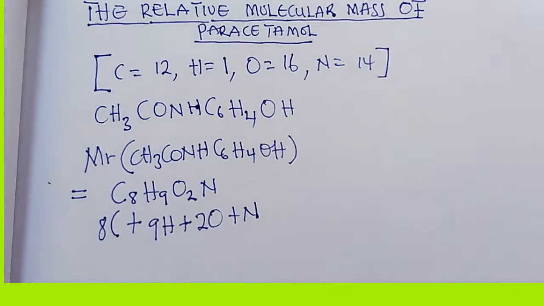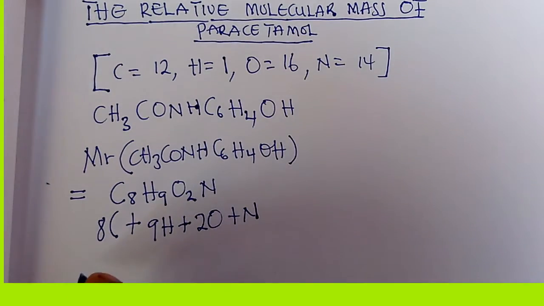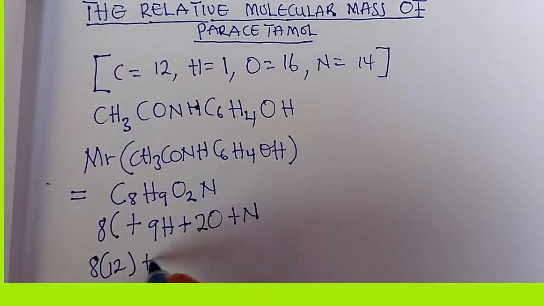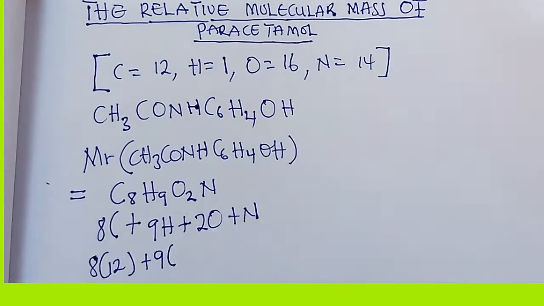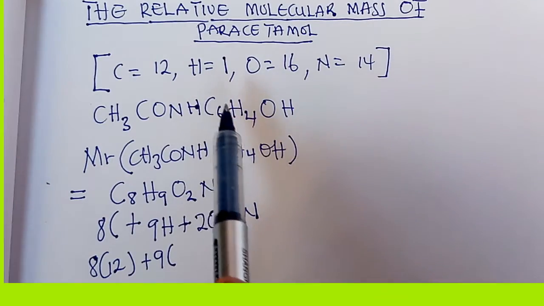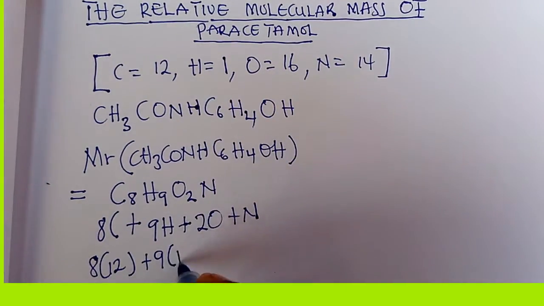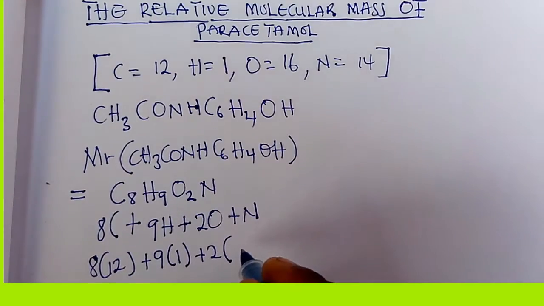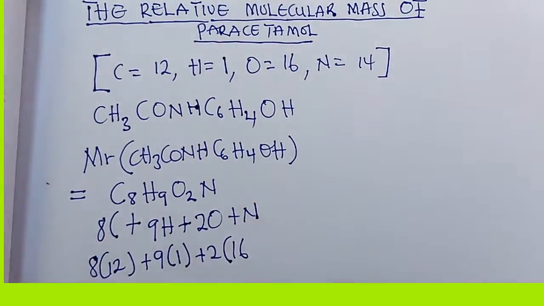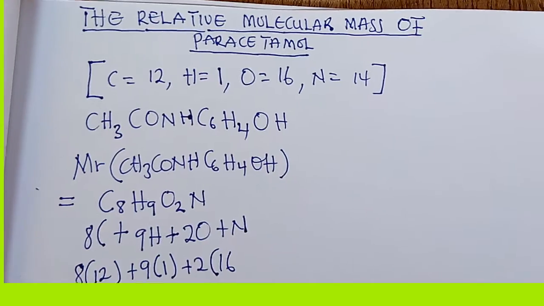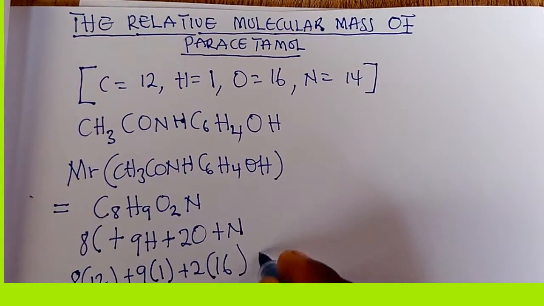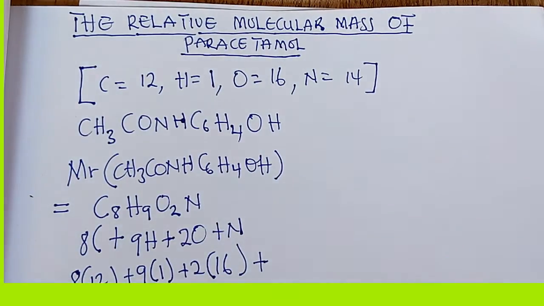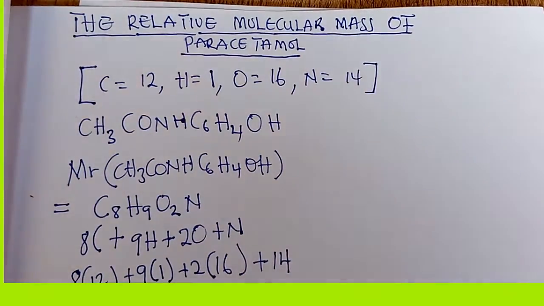Carbon is 12, so 8 multiplied by 12, plus 9 times the relative atomic mass of hydrogen, which is just 1, plus 2 times the relative atomic mass of oxygen, which is 16, plus nitrogen, only 1 atom, so 14.